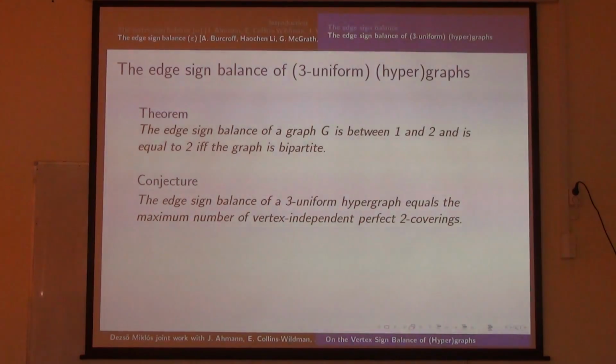Clearly, if you find vertex independent perfect 2-coverings, then similar to the previous statement when we found the matchings, the existence of many independent coverings will imply a lower bound on the edge sign balance. So clearly the maximum is a lower bound on the edge sign balance. The question is if it's optimal or not.